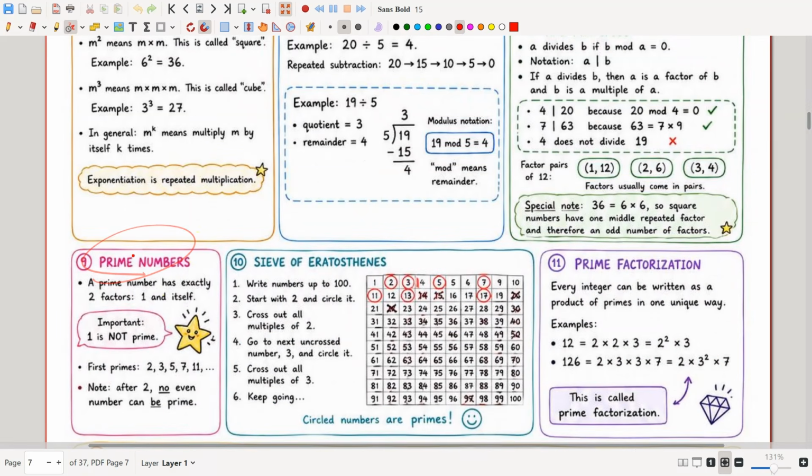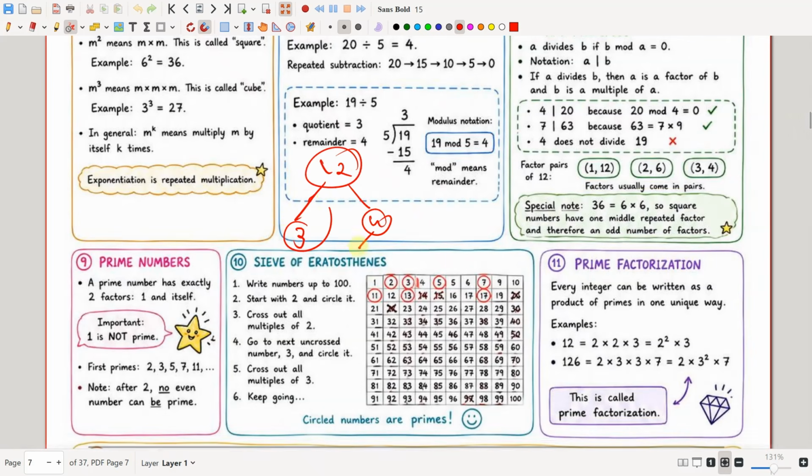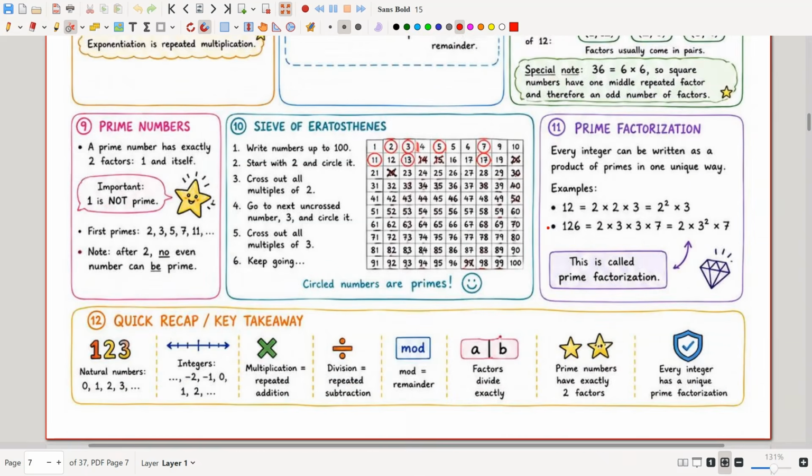A prime number is a number which has only two factors: one is 1 and the other one is itself. Okay, and also we saw how we calculate the prime numbers using the sieve of Eratosthenes, and how we perform the prime factorization like a tree structure. See, 12 will be 3 and 4, and 4 will again be 2, 2. So this is how the prime factorization will be.